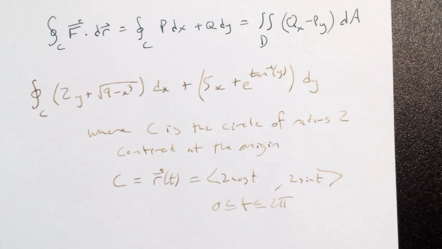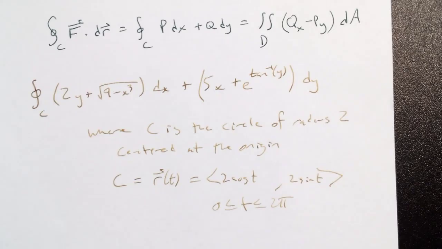But I say to myself, wait, this is a line integral. As a line integral, I'm integrating on a circle. The inside of that is a disk. If my area is a circle, and I'm integrating inside that circle, I can do that in polar coordinates.